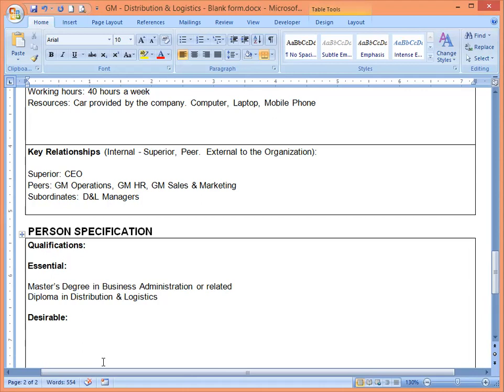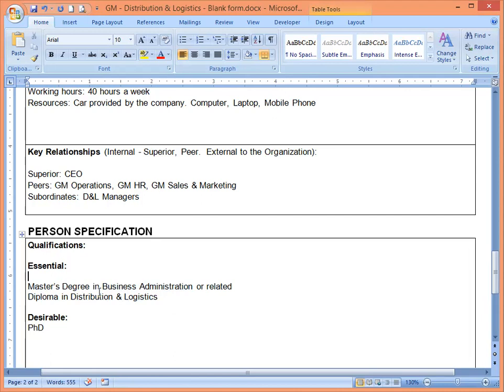Okay. Let's say you want PhD, right? Okay, sorry, PhD, just desirable, but it doesn't matter. What's important is the essential. Now, when it comes to job evaluation, they only consider the qualification in the essential. Because the first part of the job evaluation is the technical know-how of the job.